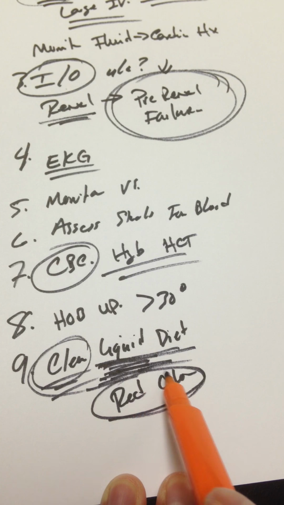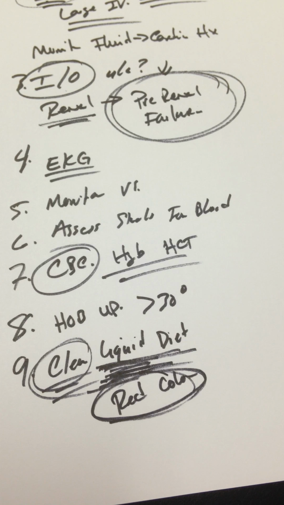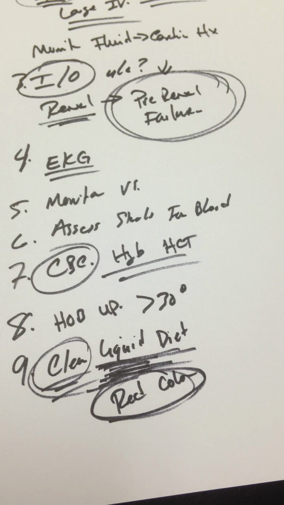If they are suspected of having some type of bleed and you give them that, this red color may confuse somebody and make you believe that they are having an active bleed. So again, make sure you give no clear liquid products that have any red or purple coloring in them. Okay.